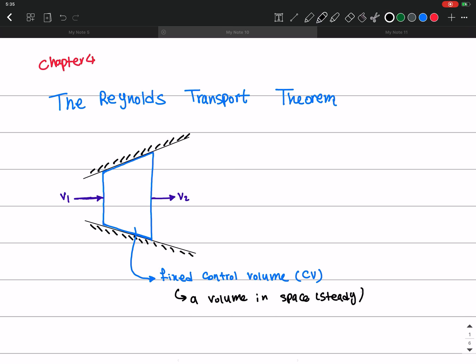So for example, in any fluid phenomena, if you have a pipe flow, if you have a channel flow, you pick a fixed control volume in space, and then you will write the conservation laws or any theorem for that specific fixed control volume. Okay, so this is how we approach different fluid problems. So this blue line, say this blue is at time t.